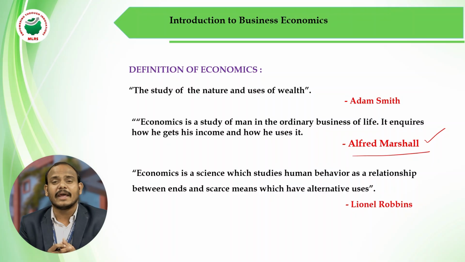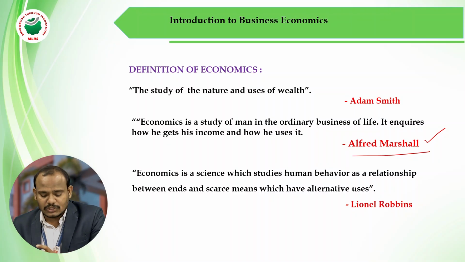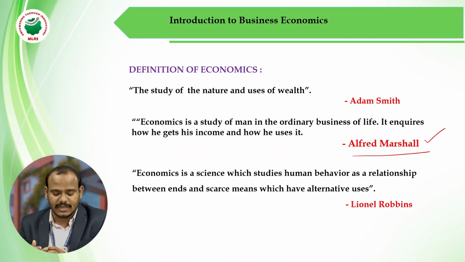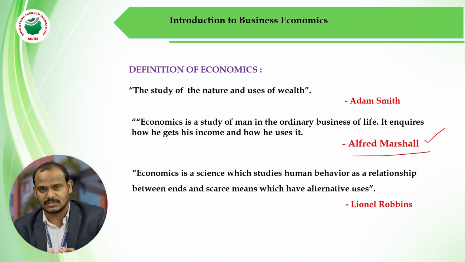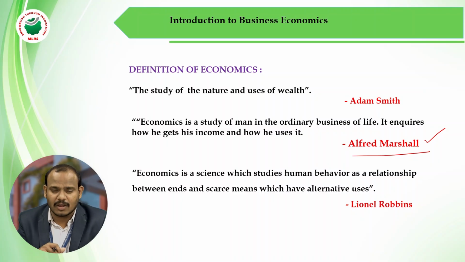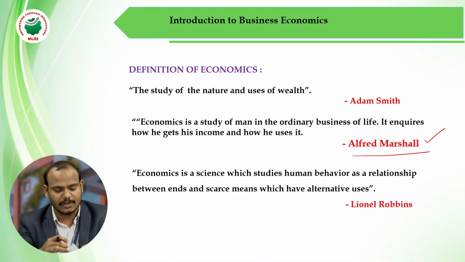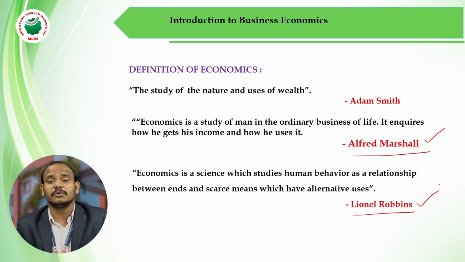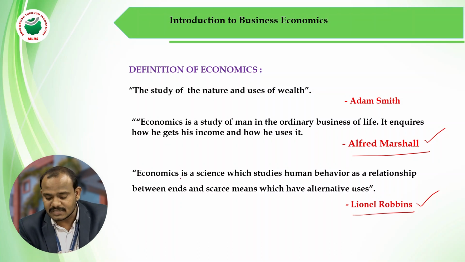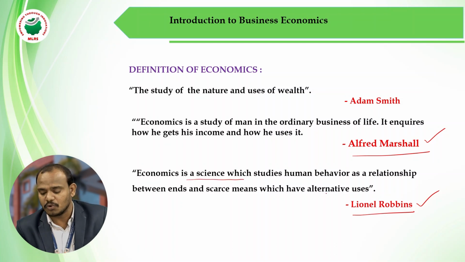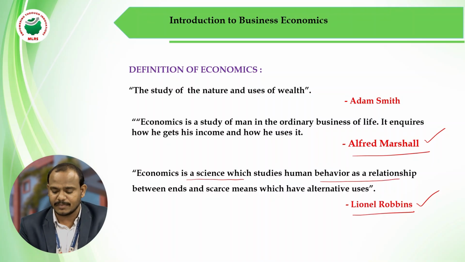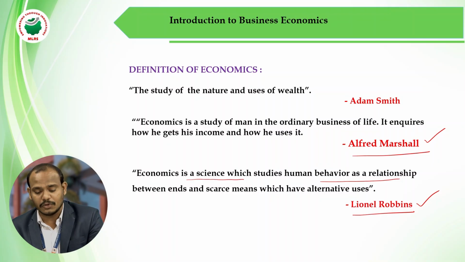How do people earn money? How do they choose to spend it? These are the kinds of questions economics tries to answer. That is the definition given by Alfred Marshall. And one more person is Lionel Robbins. According to Lionel Robbins, economics is the science which studies human behavior as a relationship between ends and scarce means which have alternative uses.